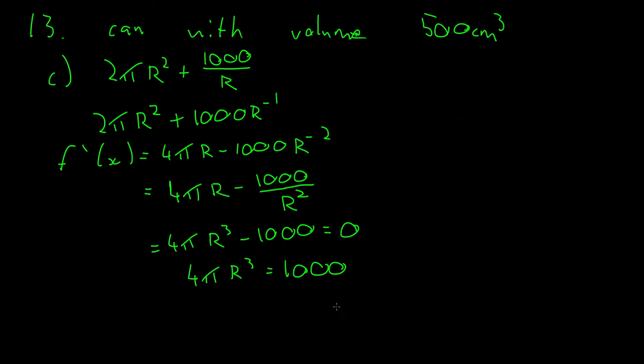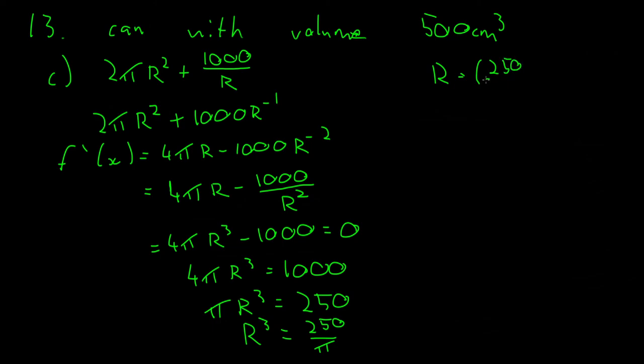Divide both sides by 4 is the next step, and that will give pi r cubed equals 250. Divide both sides by pi will give r cubed equals 250 divided by pi, which will give r equals, and we want the cube root of this, which is equal to that to the power of 1 on 3.